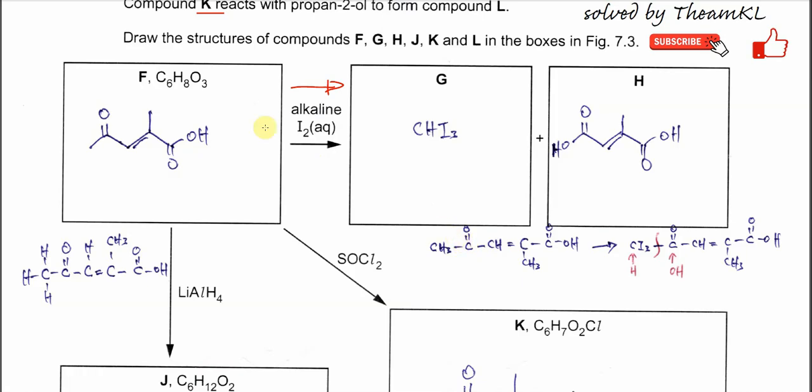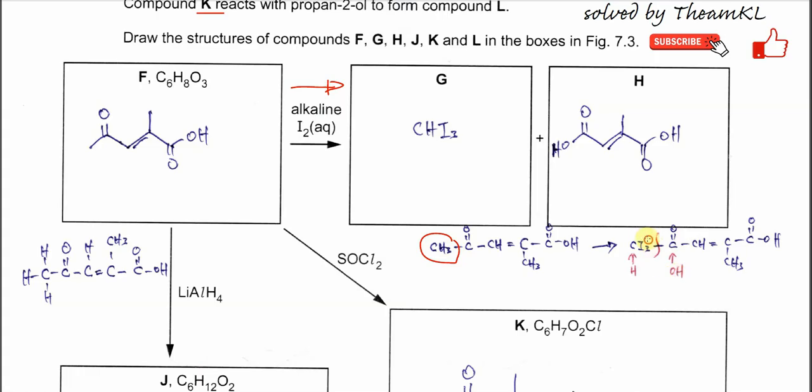When the methyl ketone reacts with alkaline iodine, first this CH3 converts to CI3, meaning all the H's are substituted by iodine. After that, this part undergoes hydrolysis, meaning a bond breaks, similar to the hydrolysis of an ester. So the CI3 gets the H, and this carbonyl gets OH.